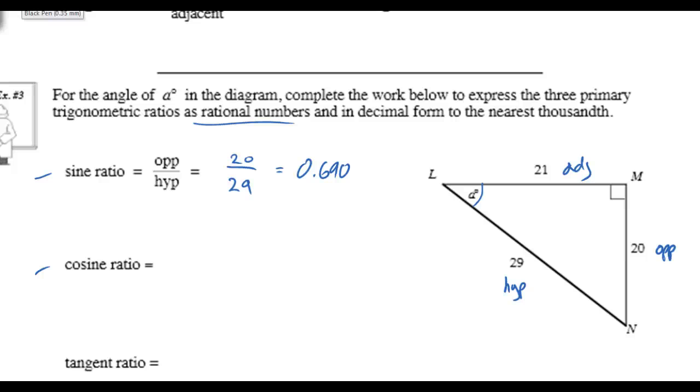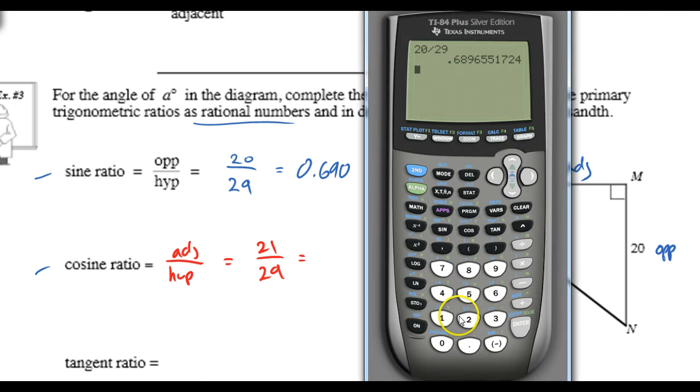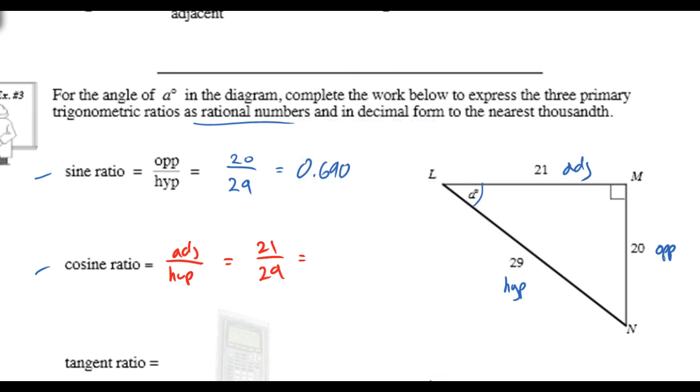The cosine ratio is adjacent over hypotenuse, and that's 21 over 29. On the calculator, 21 divided by 29 is 0.724, and again that's less than 1 because the hypotenuse is always longer.